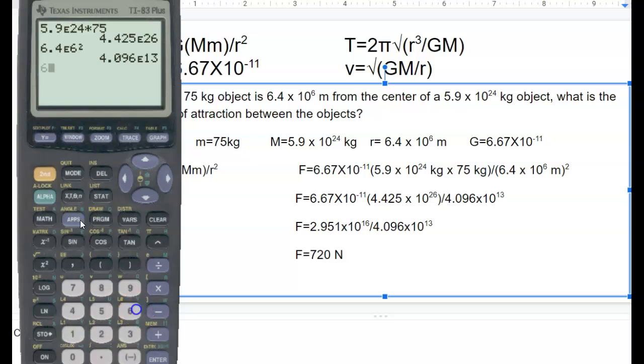Next, I'm going to take 6.67 times 10 to the negative 11th times 4.425 times 10 to the 26th. And I get 2.951 times 10 to the 16th. Divided by my 4.096 times 10 to the 13th. And I should end up with about 720 newtons.